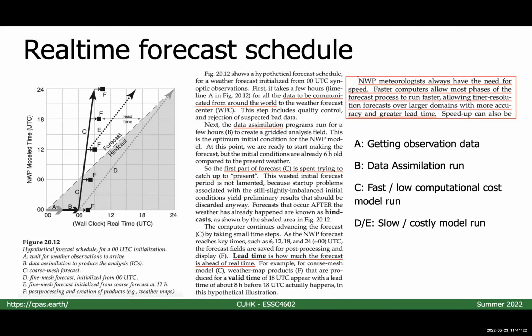So this is a practical weather forecast. Say if you want a forecast for hour 18, you will see that before 9 o'clock, it is already available. So at 9 o'clock, you can give out the forecast for 9 hours later. This length of time is called the lead time that you can provide a forecast for a time point.